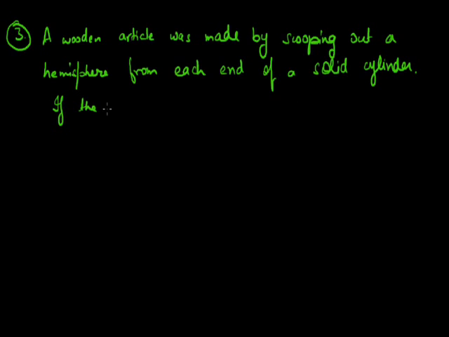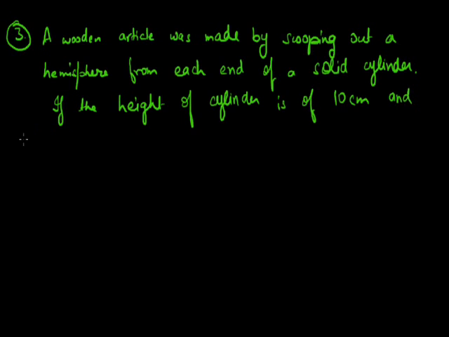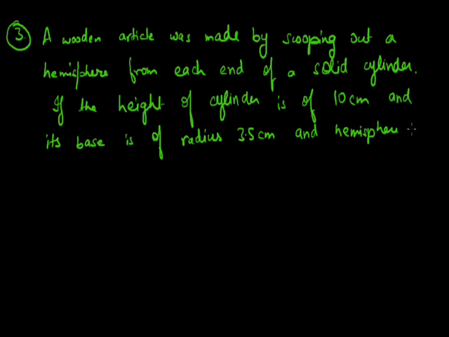If the height of the cylinder is 10 centimeter and its base is of radius 3.5 centimeter and the hemisphere is of the same radius, find the total surface area of the solid.